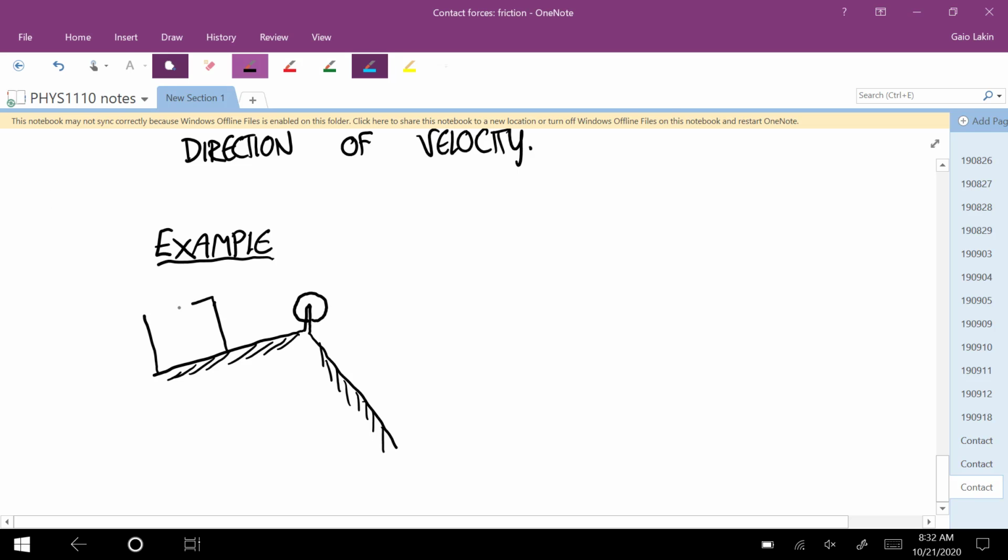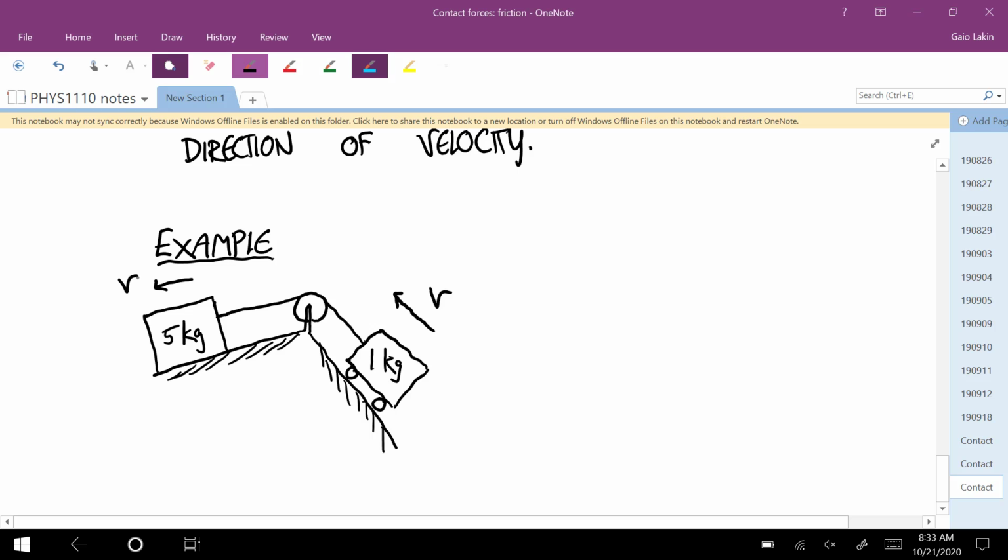Let's say that on the left side, there's a 5 kilogram box, and on the right side, there's a 1 kilogram cart. And these are connected by a cable that goes over the pulley. Let's say that in this case, these objects are sliding this direction. So the velocity of that one is this way. That means the velocity of this one is this way.